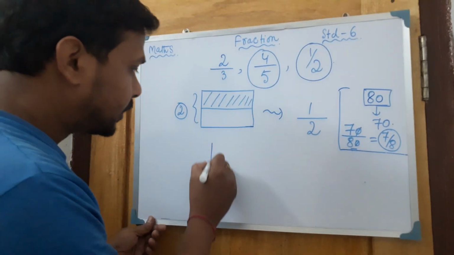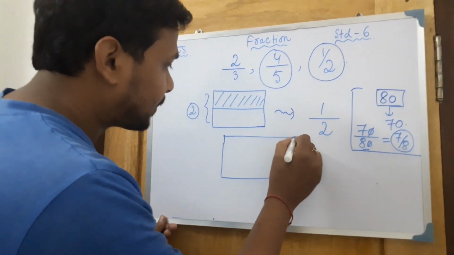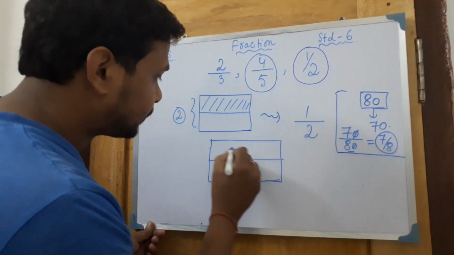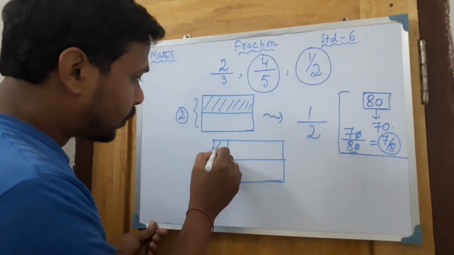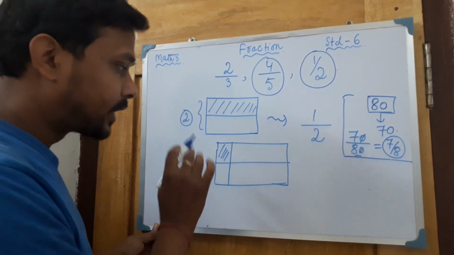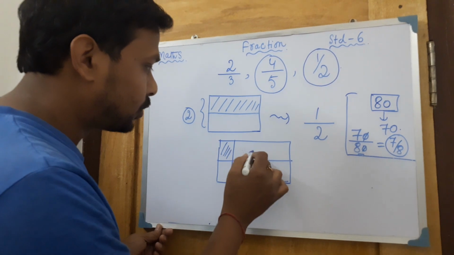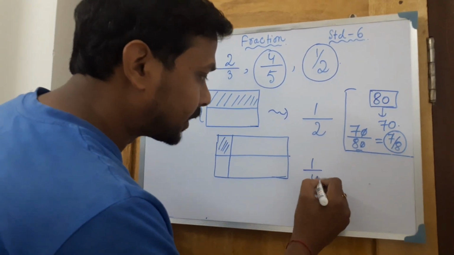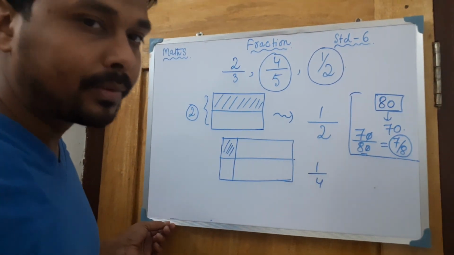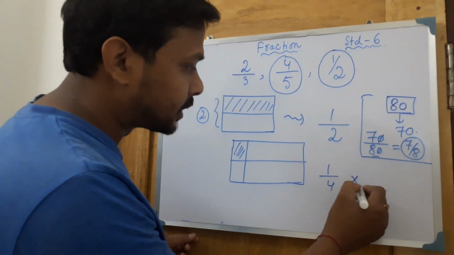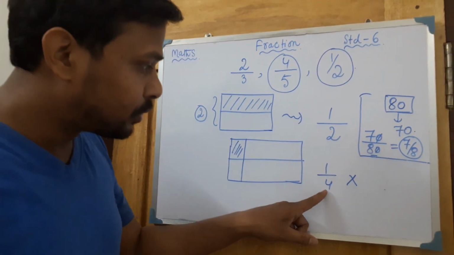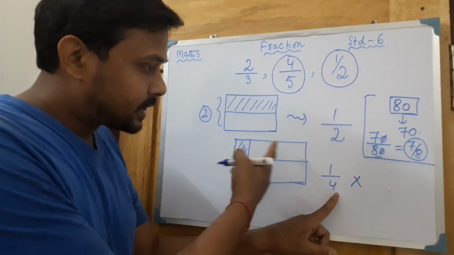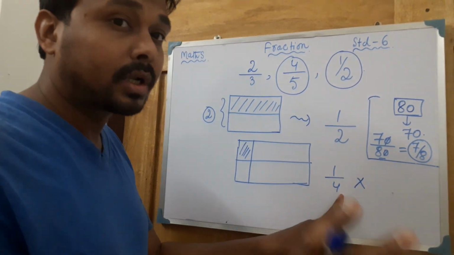If I give you this type of diagram, where one portion is shaded, can you tell that 1, 2, 3, 4, so the shaded portion is equal to 1 by 4? If you write that, your answer will be wrong, because the 4 parts present here are not equal.